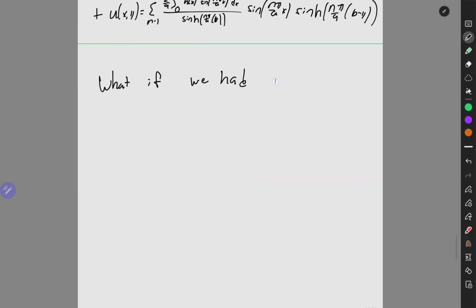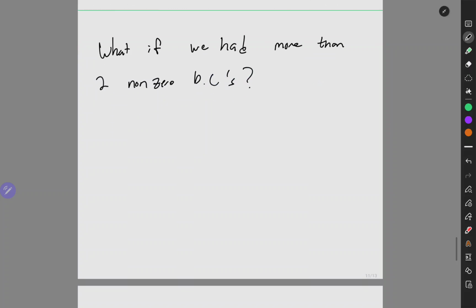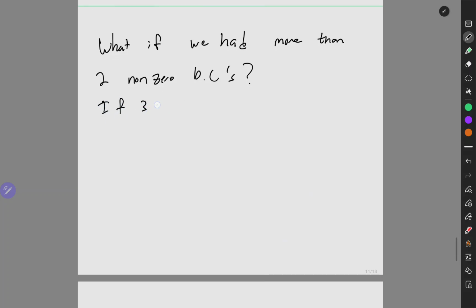What if we had more than 2 non-zero boundary conditions? Well, if 3, you just superimpose 3 solutions, and so on.